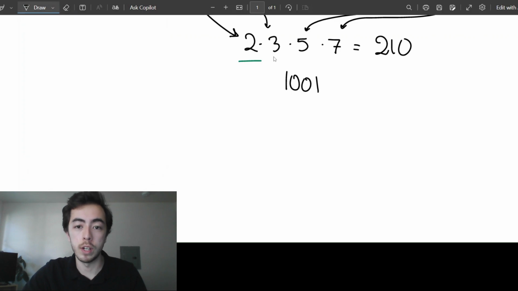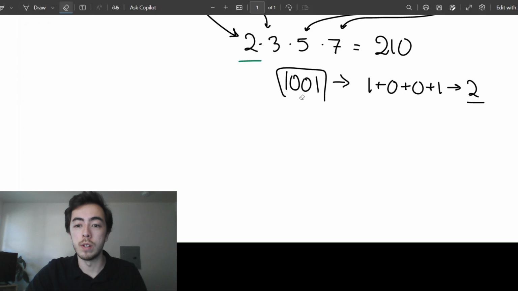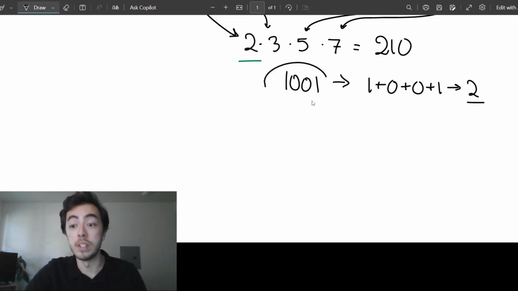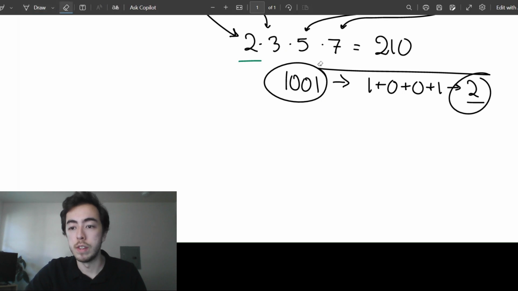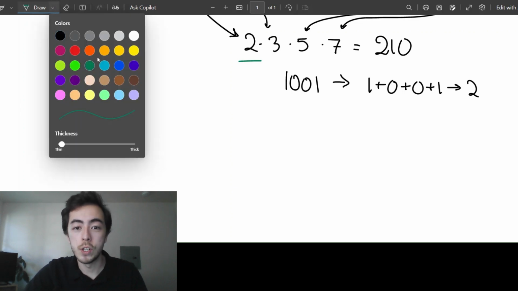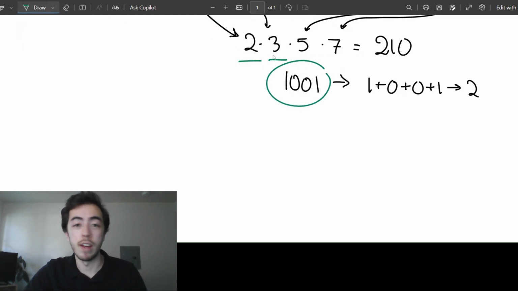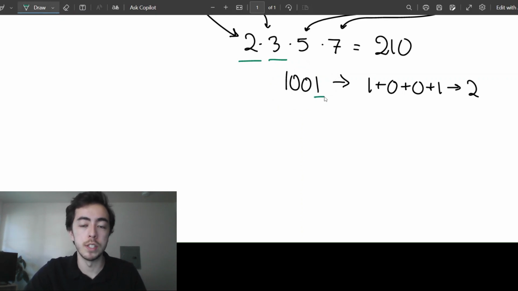There's also a divisibility trick with 3s, where if you add up all the digits of a number, the sum will be divisible by 3 if and only if your original number is divisible by 3. The sum of the digits of this number is 2, and since 2 isn't divisible by 3, neither is 1001. So I should keep the 3 in my product here. It's also clearly not divisible by 5 because the ones digit isn't a 0 or a 5, so we get to keep the 5.